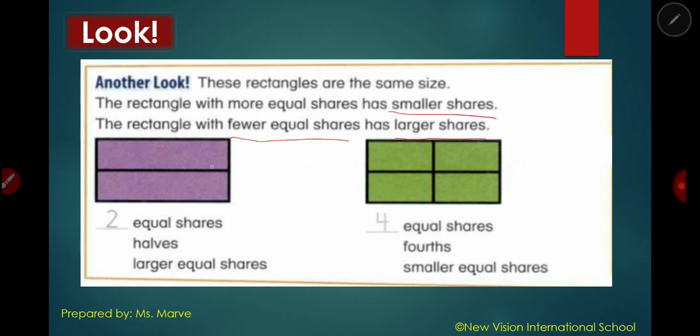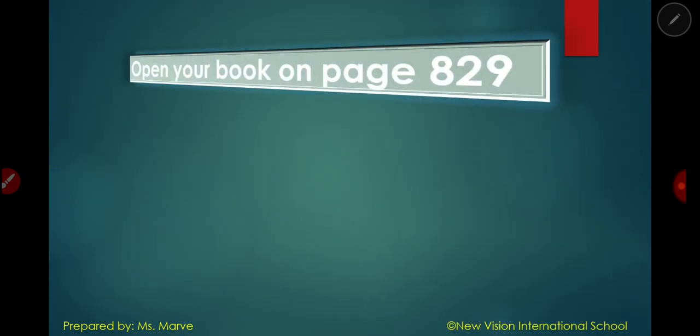Example, this rectangle is divided into 2. So this has 2 equal shares, and we call it halves, and it has a larger equal share. How about the other one? 1, 2, 3, 4. This rectangle is divided into 4. Okay, you have 4 equal shares. You can call it fourths, and it has smaller equal shares. Is it clear to you now? Is it clear? Very good.